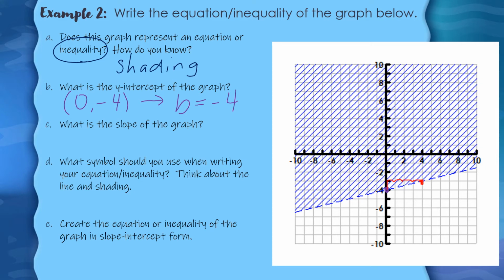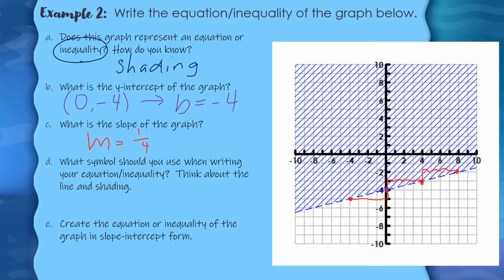Again, make sure that that continues to work. So rise 1, run 1, 2, 3, 4, and that hits perfectly on my line. And we can check the other direction. So down 1 over 1, 2, 3, 4. So my slope is positive 1 over 4.